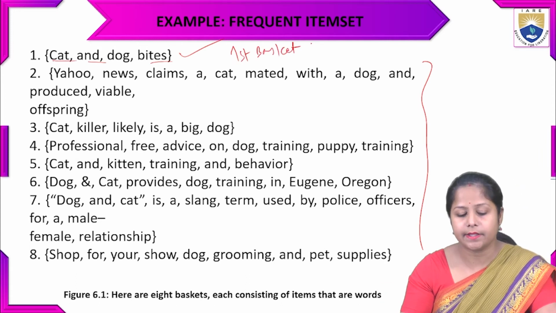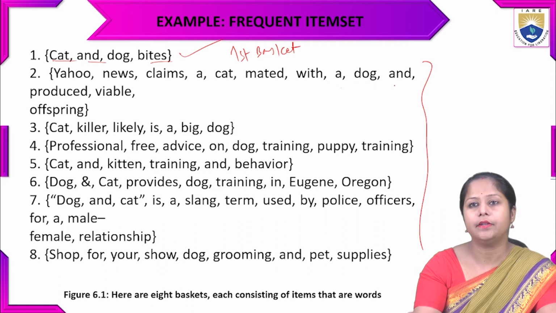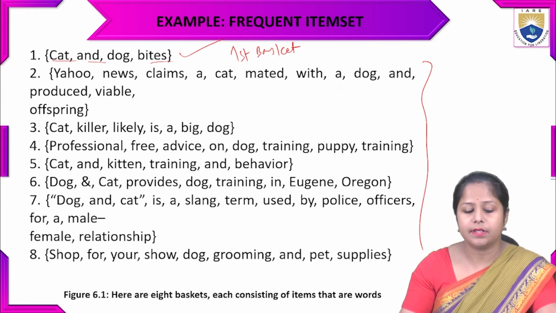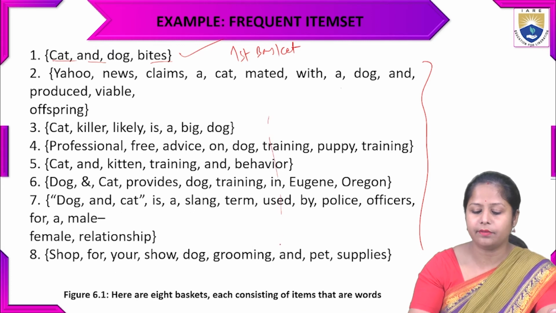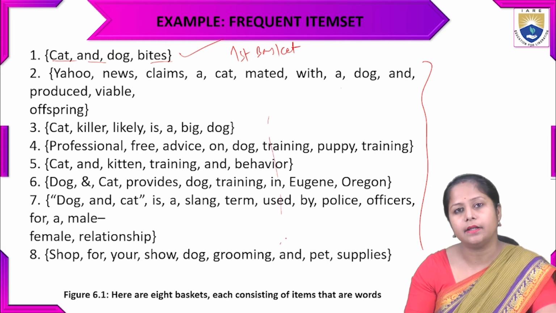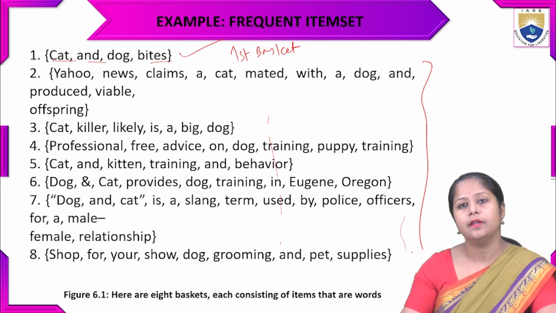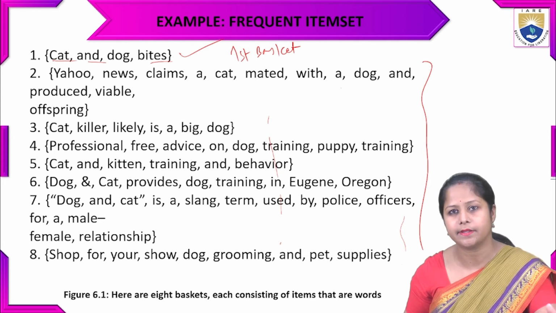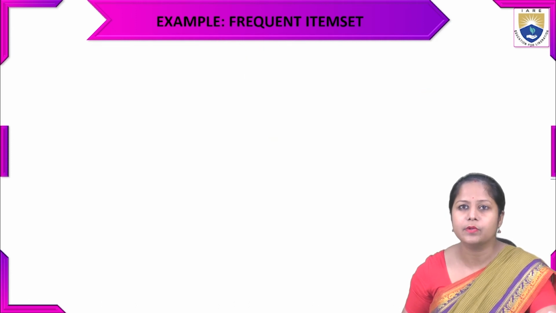In the second basket, there are the words from a Yahoo News item: claims a cat mated with a dog and produced viable offspring. Like that, there are many words in these 8 baskets. We will check what rules there are for each of the baskets, and how we are going to denote them as rules.